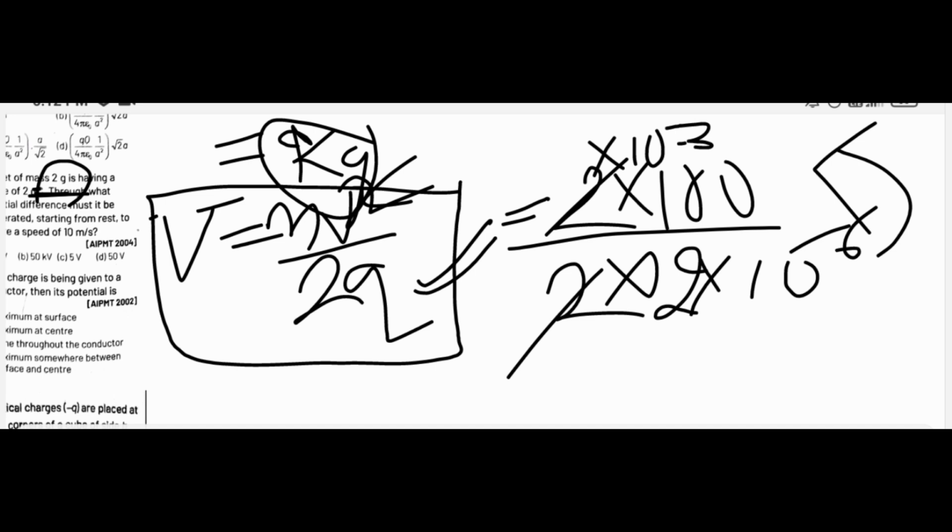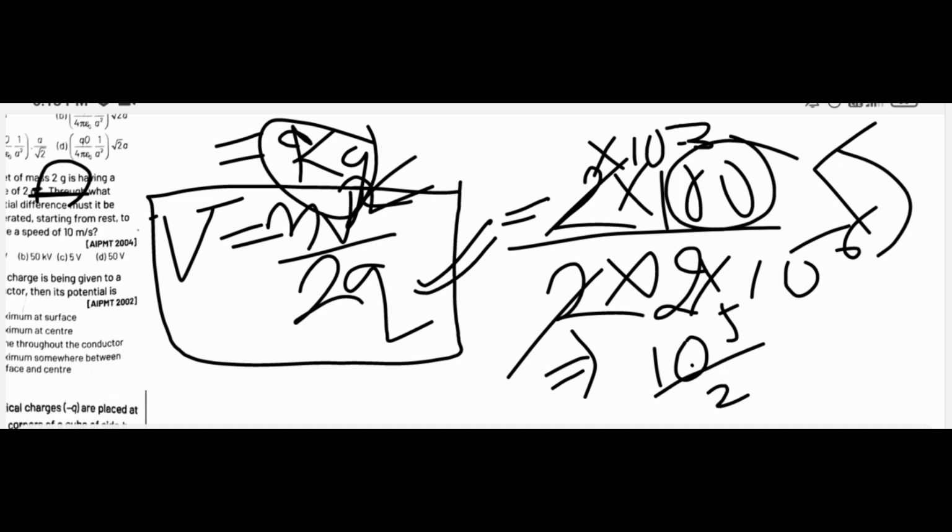You will have a numerator of 10 power minus 3 and 10 power plus 3, and this 100 will be there, so it will be half into 10 power of 5. Half into 10 power of 5 means we can write it as 10 power of 5 by 2, which will be 50000.